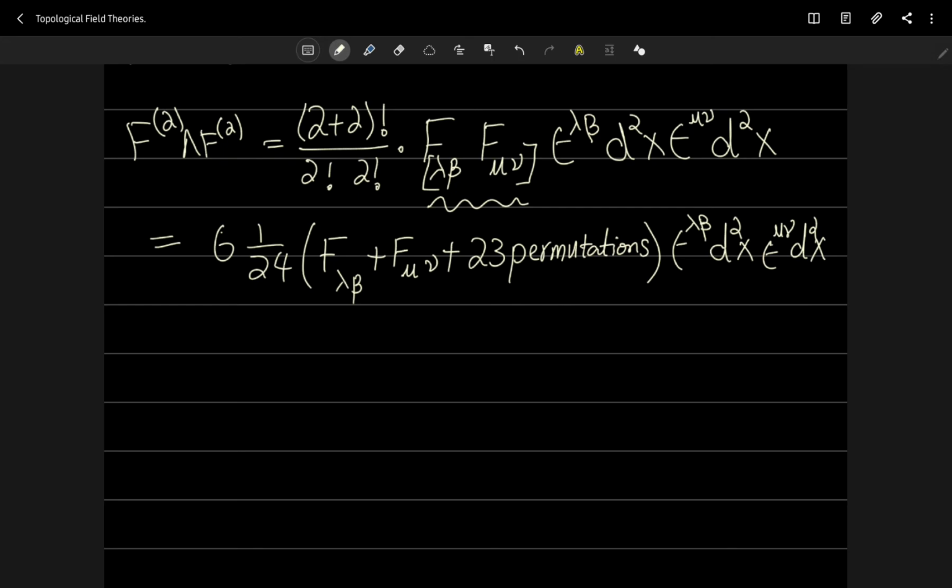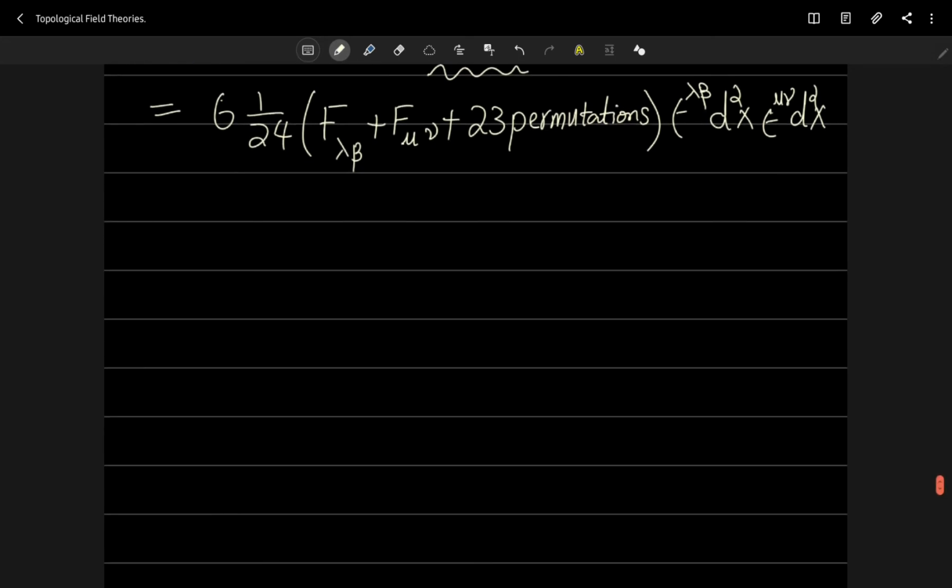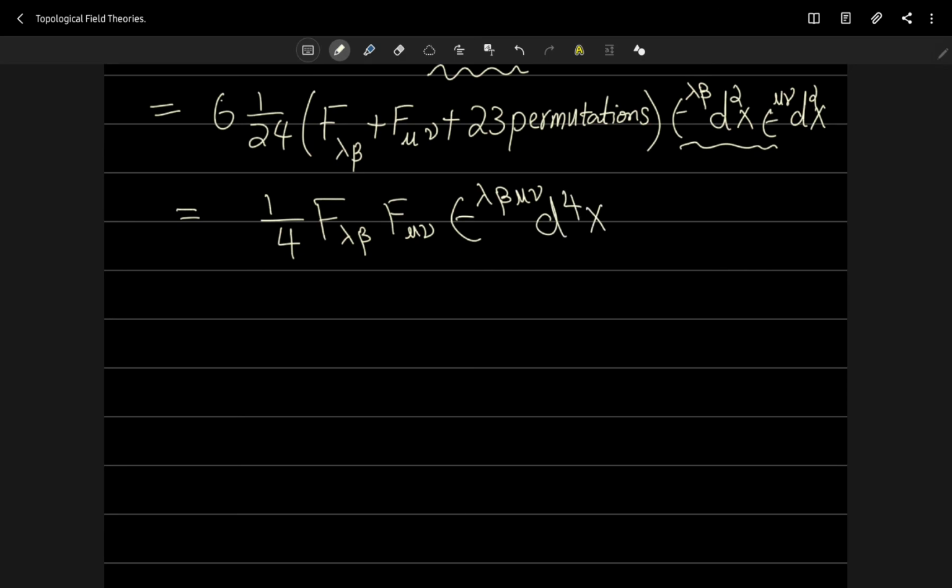Now we can simplify this by 1 over 4 F lambda beta times F mu nu, and we can combine these two epsilons and we would have epsilon lambda beta mu nu d4x. And you can see that the other 23 components disappeared, because we combined this epsilon.